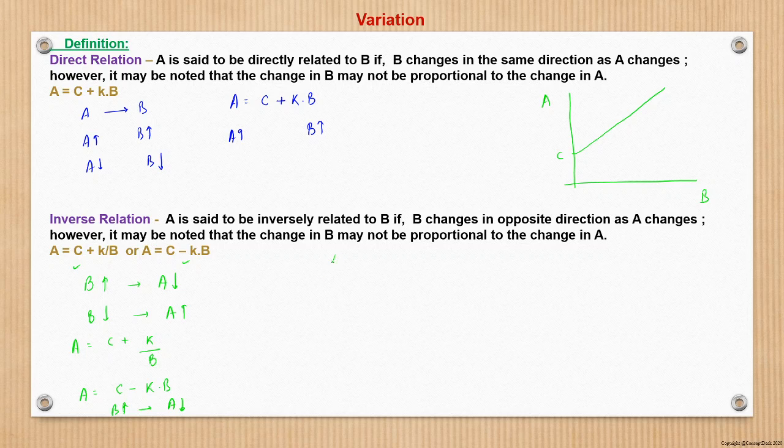So if it is A equal to C plus K by B, I represent it as follows: this is A, this is B, and this is the C level, so it will be something like this. And if it is A equal to C minus KB, it will be shown something like this. If B is equal to 0, the value of A is C, and if B is equal to 1, it will be something less.